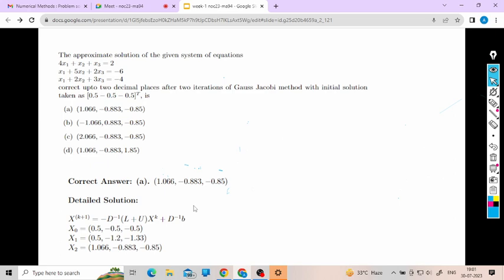I have written it in the chat box, this will be your first iteration value x1. So for the second iteration, you just need to replace the x0 term with x1 and the rest of the matrix will be the same, and you have to calculate x2.